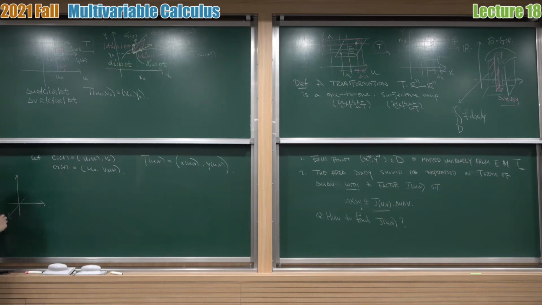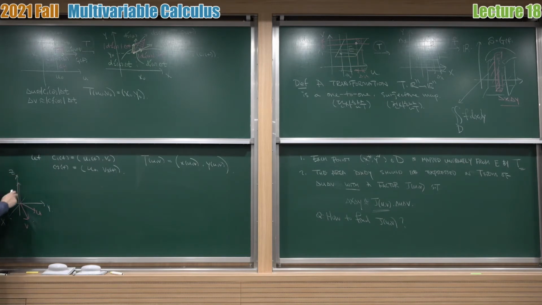If you forgot what the cross product is and why it gives the area of a parallelogram, let's say I have two vectors on the xy plane, u and v. The cross product u cross v in three-dimensional space gives a vector perpendicular to both u and v, which means it should be parallel to the z-axis, right?